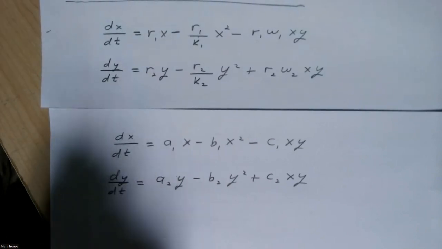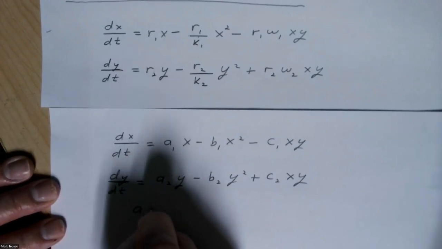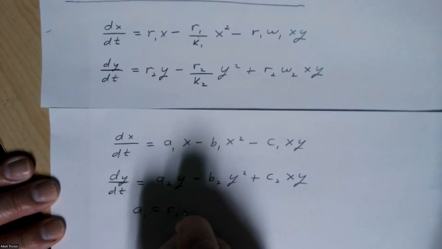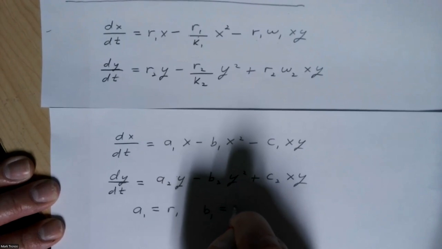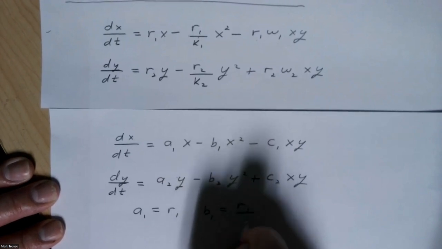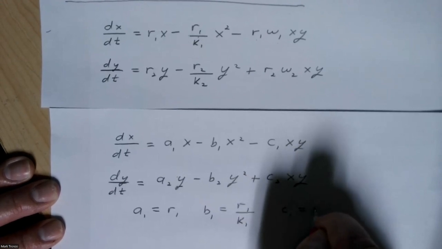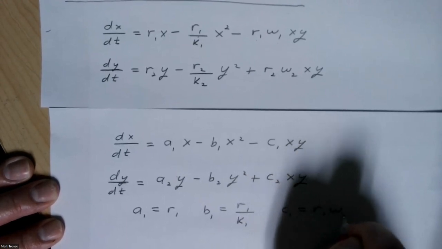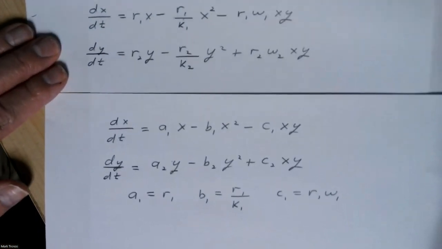And now, it's similar to what we had before, except we're just defining some of these a little bit differently. A1 and B1 are the same as before. The one thing that's slightly different is this C1 is R1 W1.